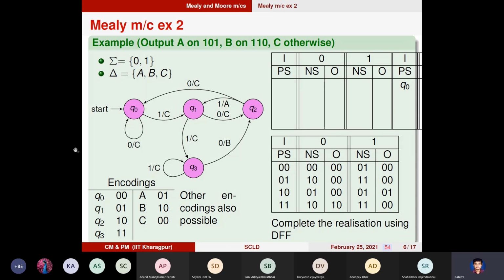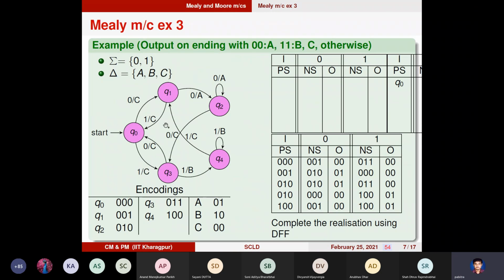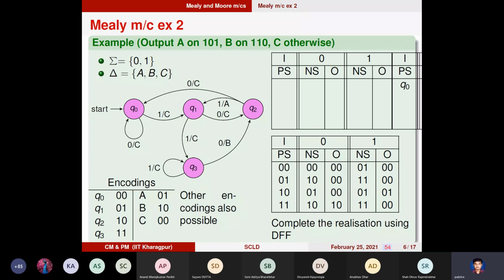Suppose I get a 1. Then what are the possibilities? What I should do is look at the next bit. If I've seen a 1, I have not yet seen the full string, so I'm still at C. But what is the possibility after I have seen a 1?